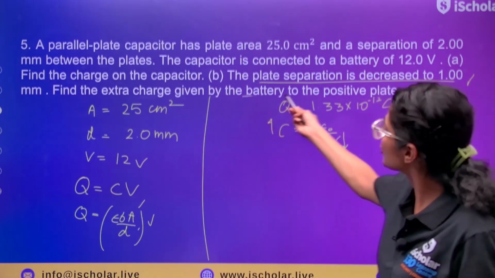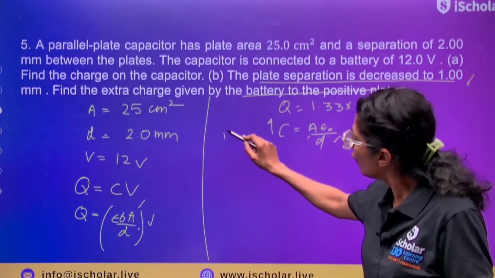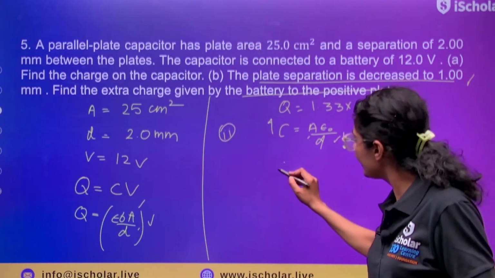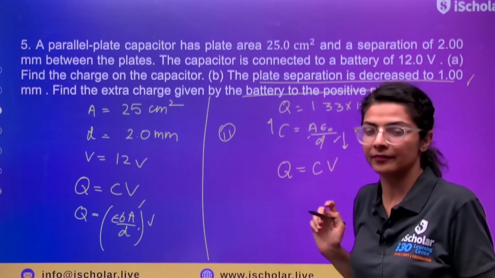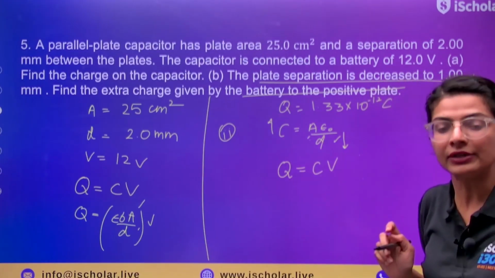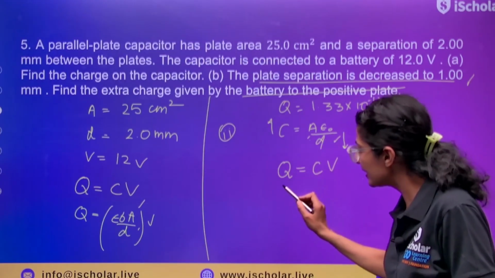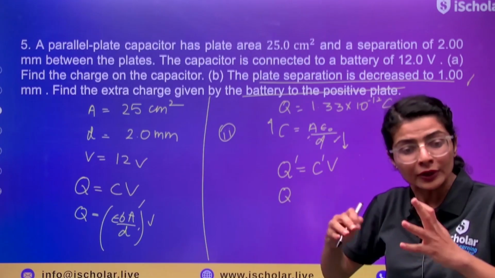Find the extra charge given by the battery. So we'll calculate the charge flown in the second condition. The charge flown would be Q equals C into V. When you have double the capacitance, can I say that the new charge will also be twice?